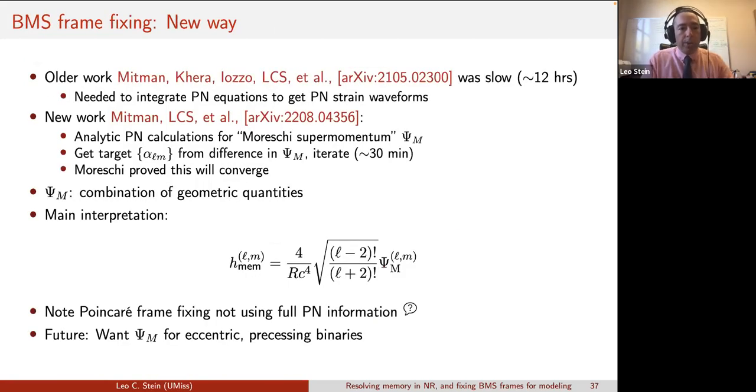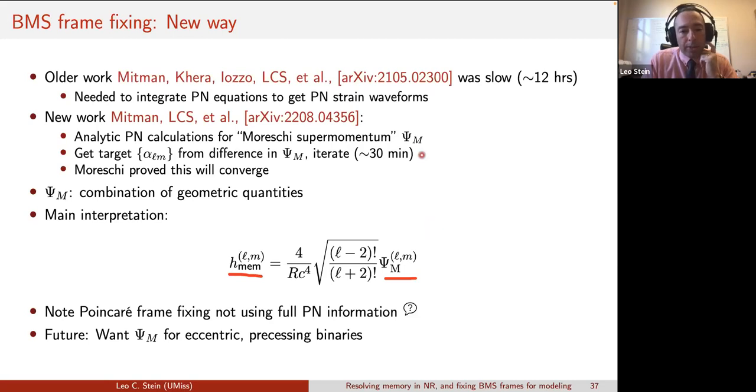All right, so the new way, the technical part is not very important. There's some quantity called the Moreschi supermomentum, which is some geometric stuff, but the best interpretation I have is that if you look at the memory part of the strain, defined in a certain way in an appendix of our paper, then it is proportional mode by mode with this thing called the Moreschi supermomentum.